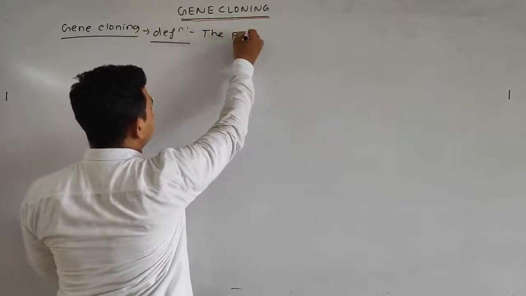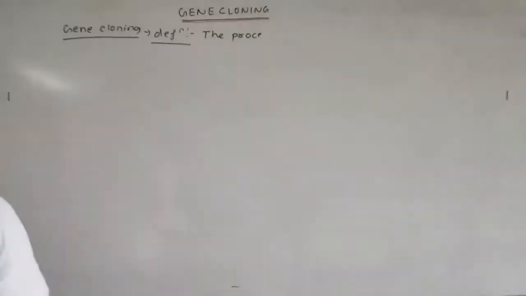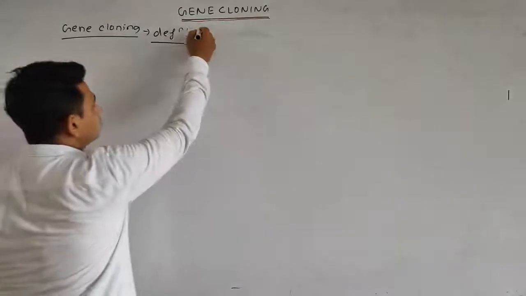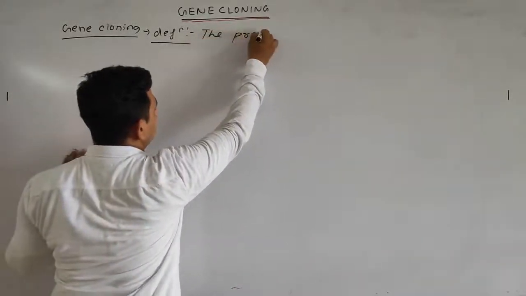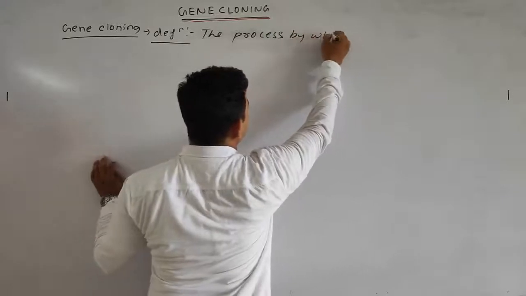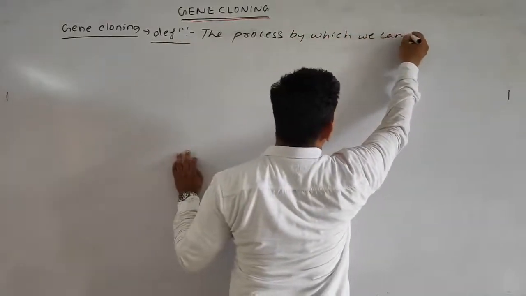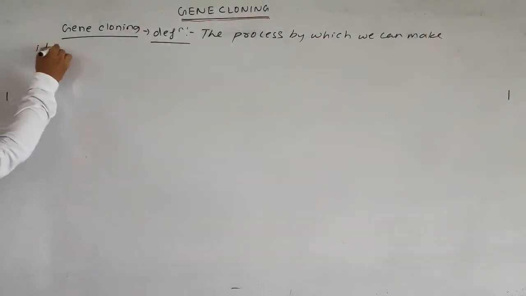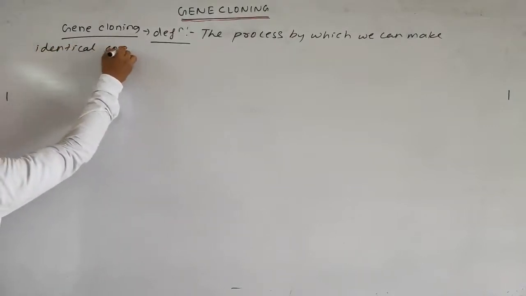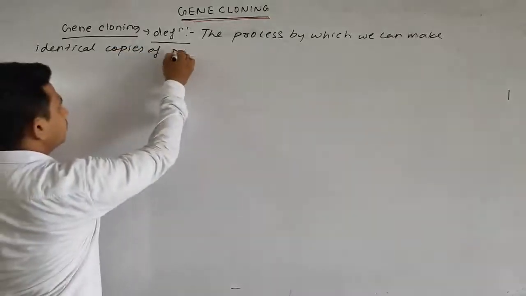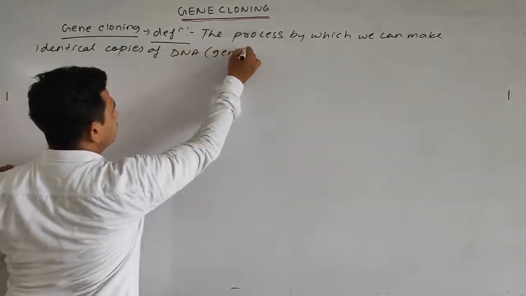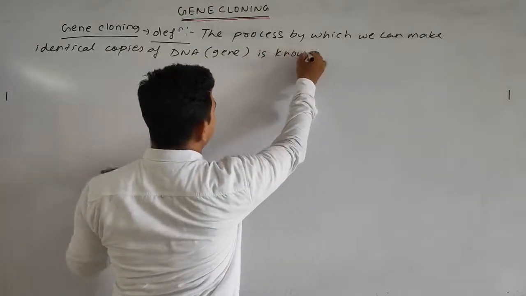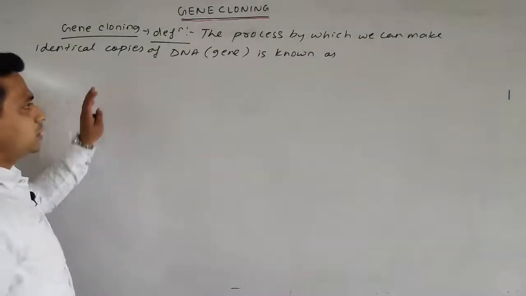The process by which we can make identical copies of DNA, or gene, is known as your gene cloning.